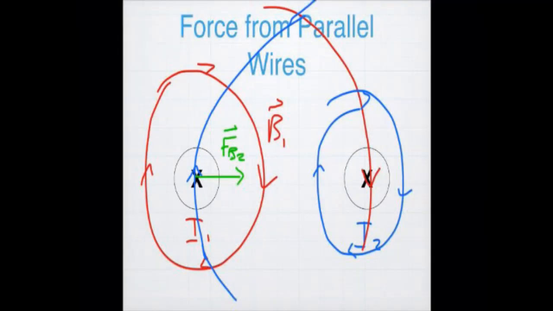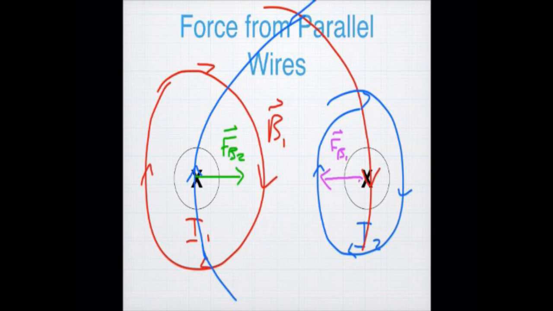So it is experiencing a force this way. So these two wires are attracted to each other. If the current is running in the same direction, those two wires will be attracted to each other.